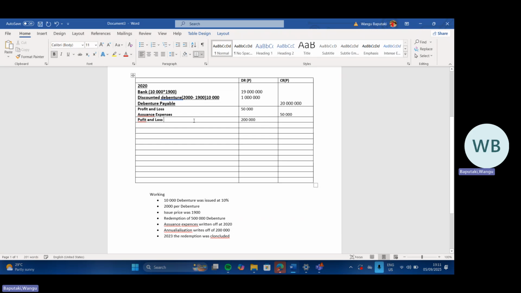Then still here, I credit the discounted debenture 200,000.